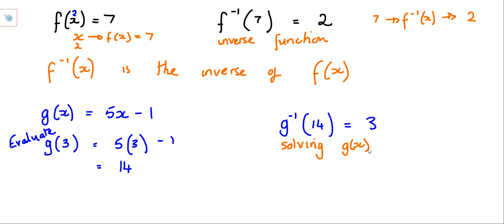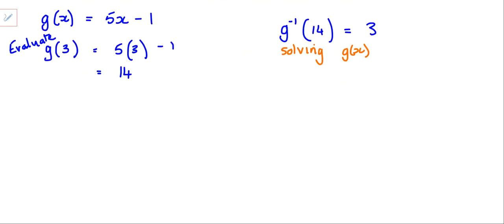Let me write it in a slightly different way. If I put x into f of x, I get an answer out. Notice how I'm not calling it y at the moment. I'm not writing y just because I'm not putting anything into a graph at this stage.